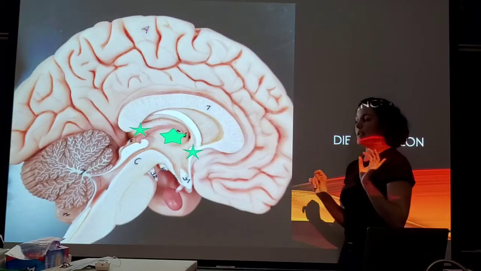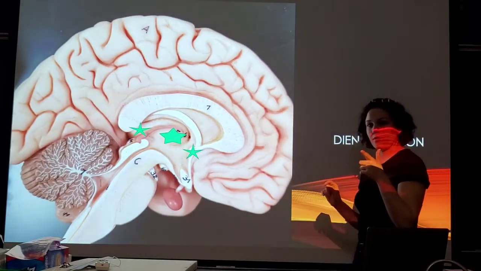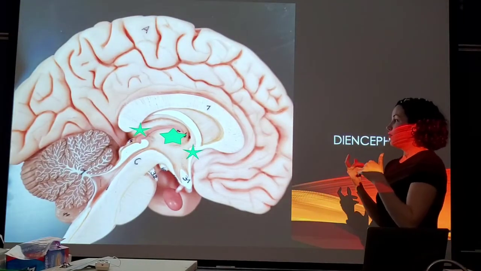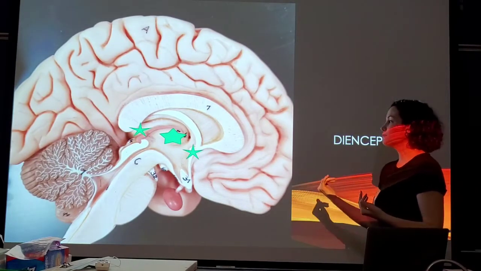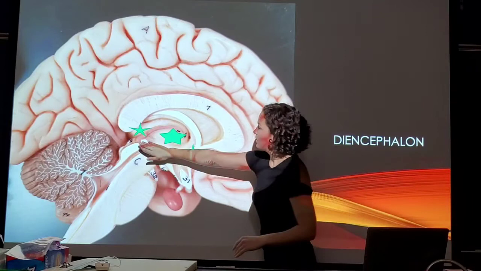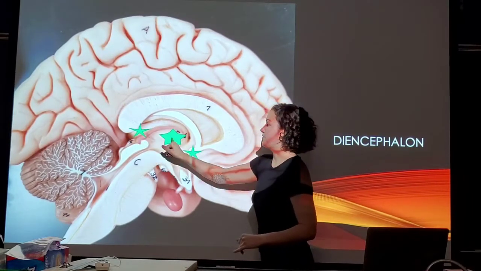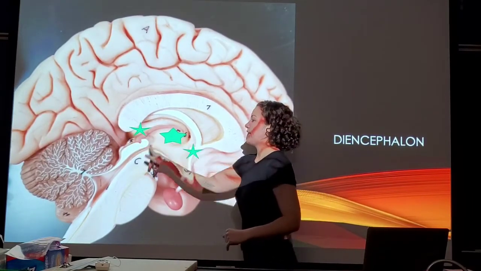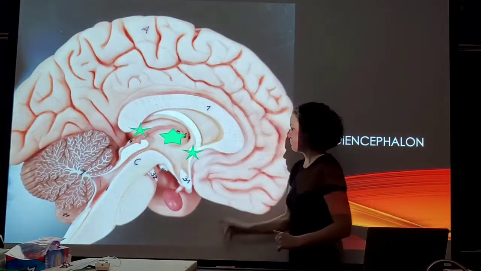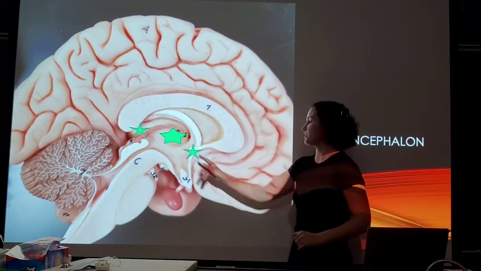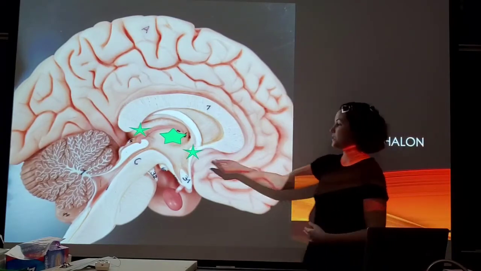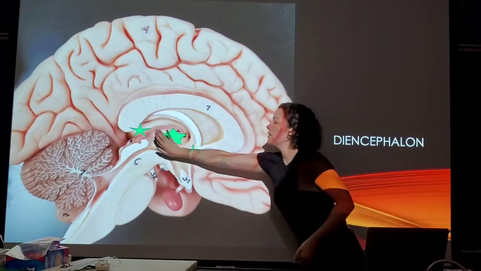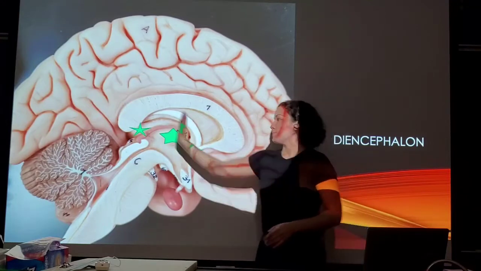Then we have an epithalamus and a hypothalamus. We know that epi means above and that hypo means below. So this star is above the thalamus, so that has to be the epithalamus. And this star is below the thalamus, so this is the hypothalamus. The hypothalamus is more anterior and the epithalamus is posterior.